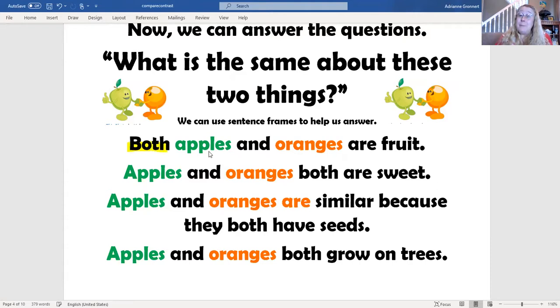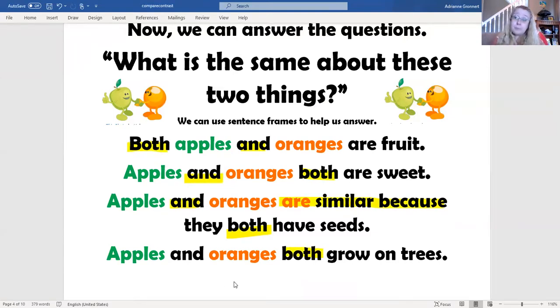Both apples and oranges are fruit. Apples and oranges both are sweet. Apples and oranges are similar because they both have seeds. Apples and oranges both grow on trees.